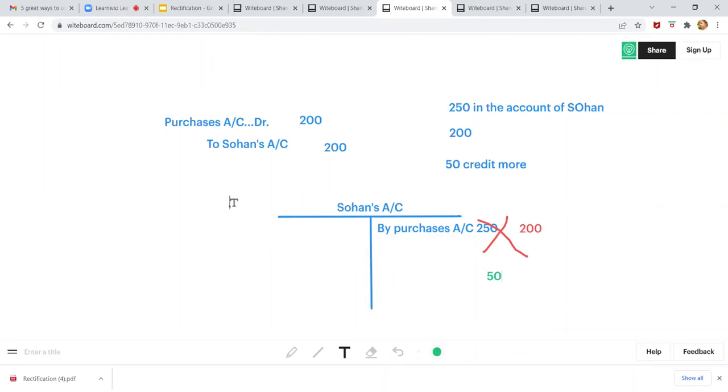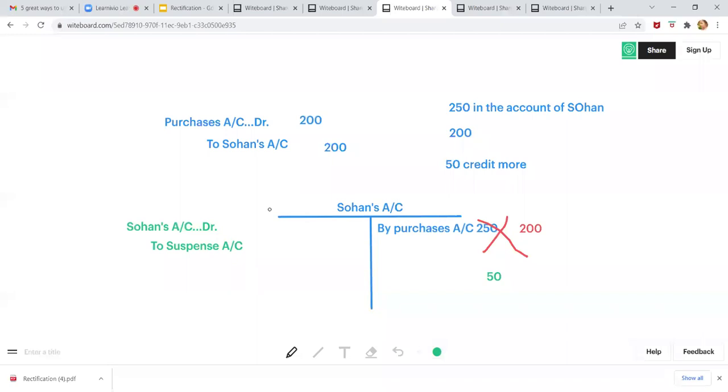As we know, Sohan's account is credited by 50 more rupees. So to rectify this error, we will debit Sohan's account, right? So here we will pass the journal entry as Sohan's account debit to suspense account, because this is a one-sided error: there is only a mistake in the posting in the ledger account.